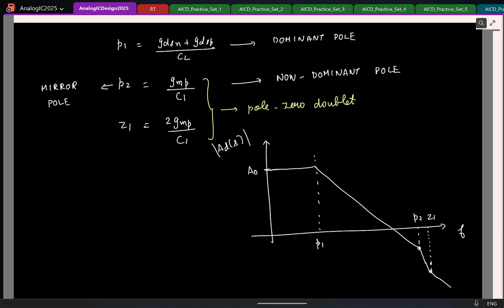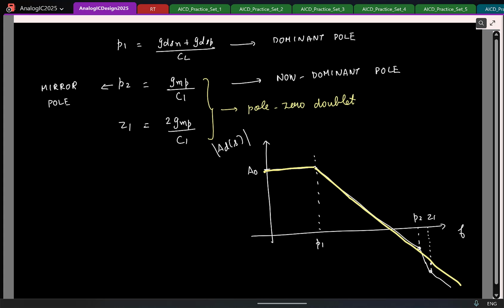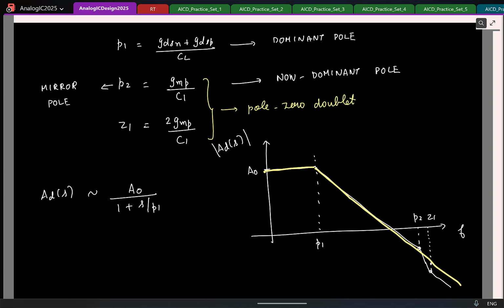So for practical purposes, I can approximate this as a first order system like this. Although I have these two additional things, if I squint my eyes, it will look like a straight line. So we can approximate the transfer function as a first order transfer function, which is A0 by 1 plus S by P1. P1 is the dominant pole.